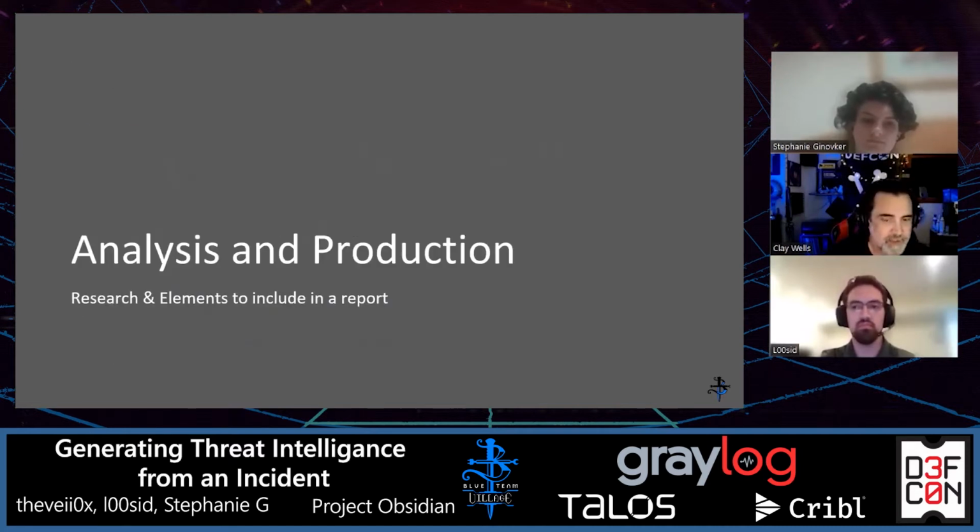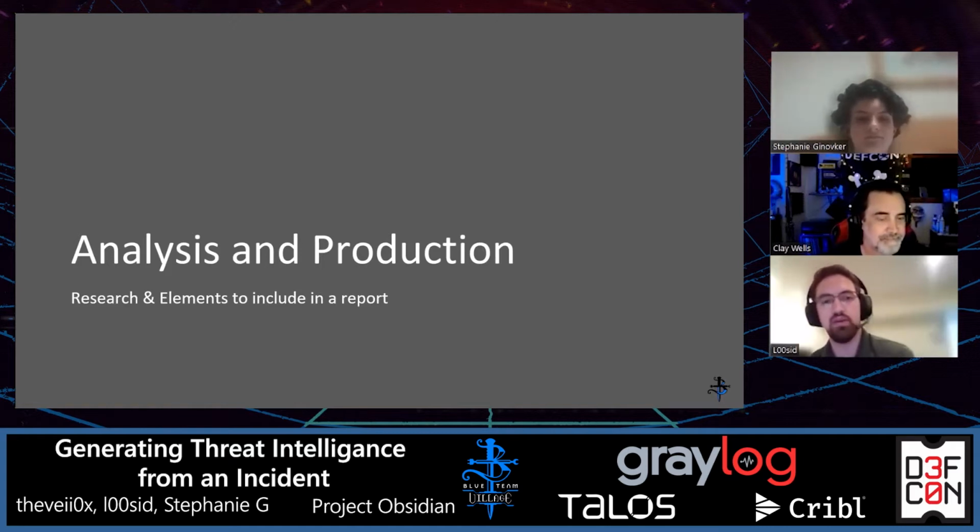So now we'll get into analysis and production, and for that I'll kick it over to Lucid. Alrighty. So analysis happens during an incident, and this can be to support other teams, and it produces CTI that will actually be in reporting. The CTI team can really add value by analyzing OSINT, by pivoting through IOCs, like was already mentioned.